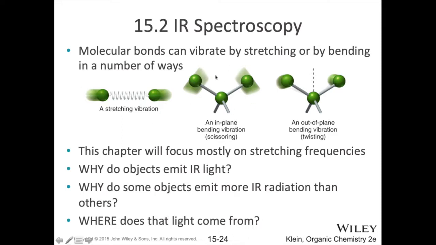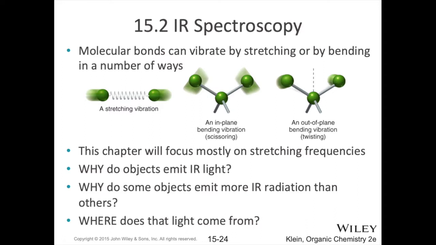You can imagine that these two bonds are moving closer and further apart. Then we could also have a twisting motion. So if you have some sort of central axis, these two atoms move clockwise or counterclockwise around it.